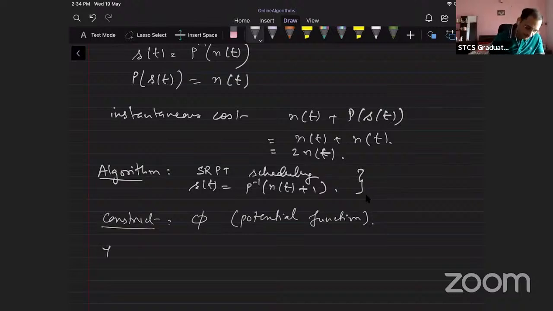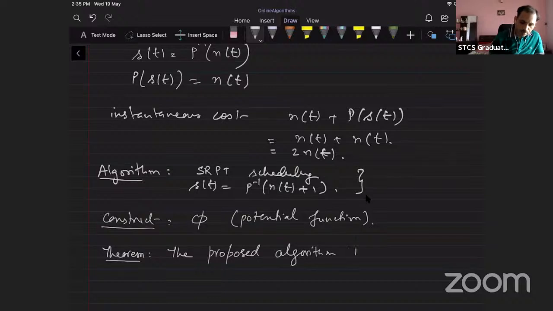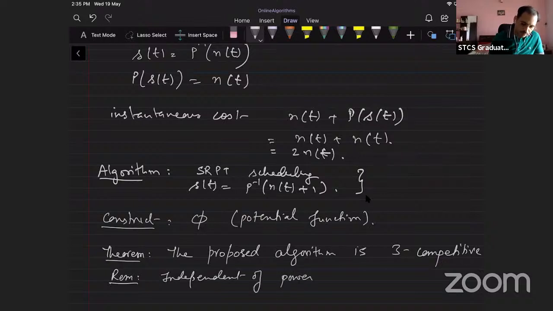So, theorem. The proposed algorithm is 3 competitive, and surprisingly independent of the power function P of S. So importantly, independent of the power function.